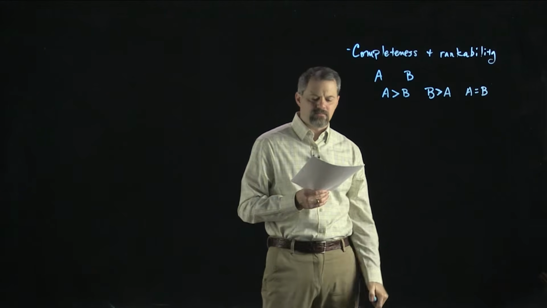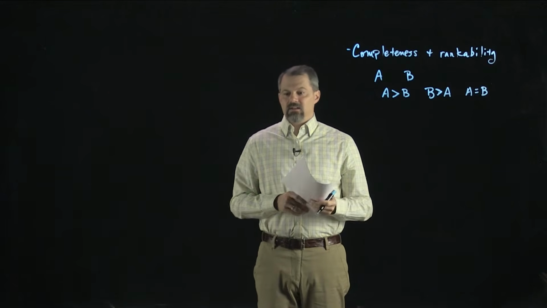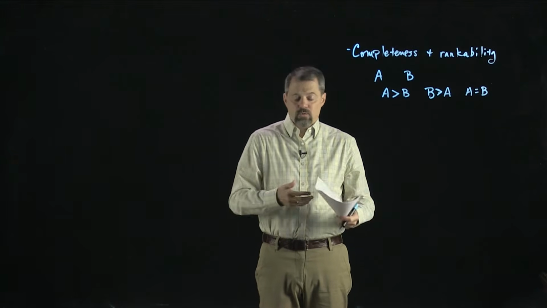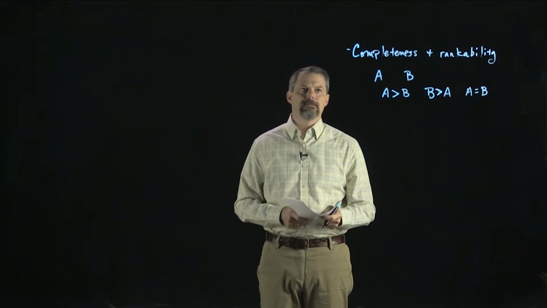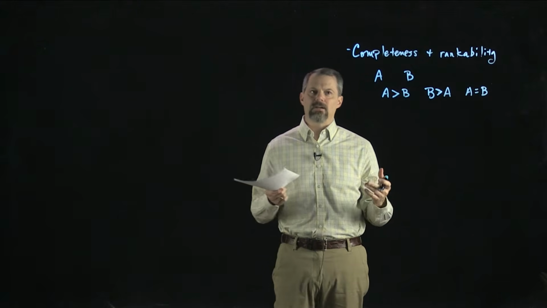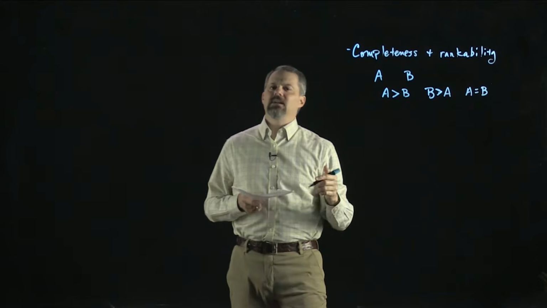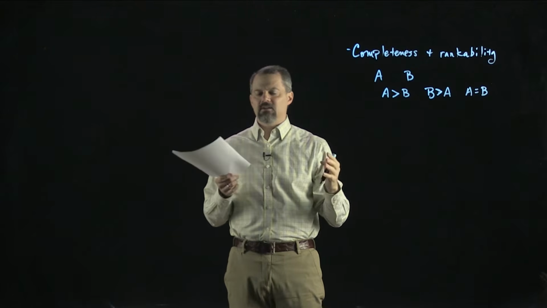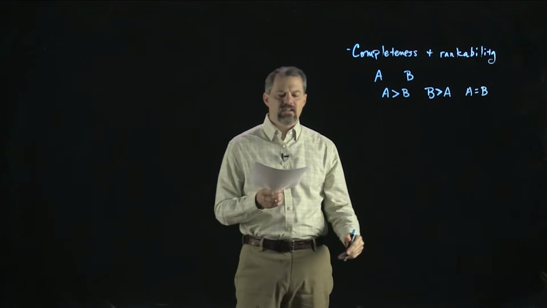So that's the first assumption that we're going to make, that if I give you two bundles, you can decide which one you like. Or it's fine if you decide that you're indifferent between the two. And that's a reasonable assumption to make. So they can rank the bundles. The idea of completeness is that we can do this with any two bundles. It doesn't matter which bundles I choose, you can rank them. So that's the first one.